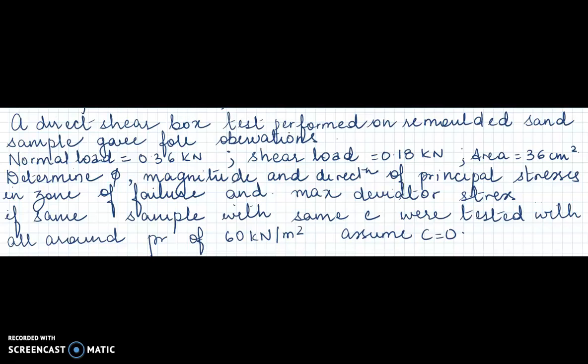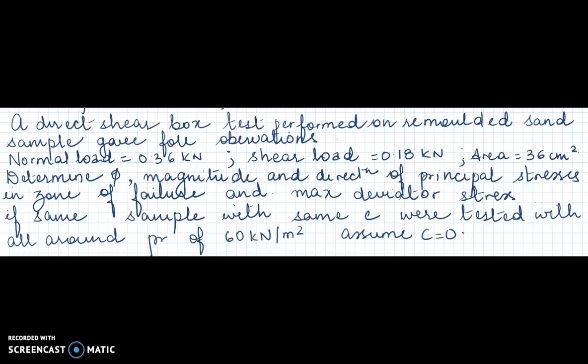Then the magnitude and direction of principal stresses in the zone of failure. Magnitude of maximum deviator stress. If the sample with the same obliquity ratio was tested with an all-round pressure of 60 kN per meter square in a triaxial test, find the solution. Assume c is equal to 0.